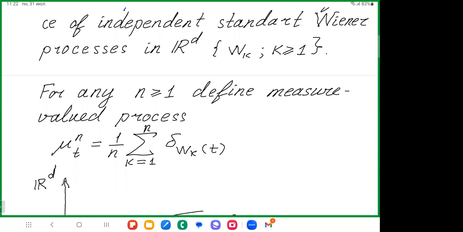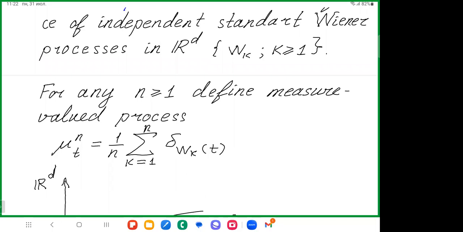And in future lectures, we will discuss the difference between the description of a system of particles in random media and a system of particles which are perturbed by families of independent Wiener processes. Because when we have a lot of independence, finally, as we have seen, we have a deterministic limit.